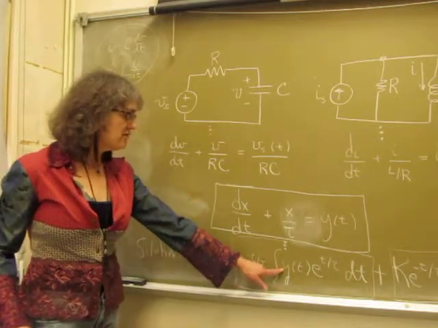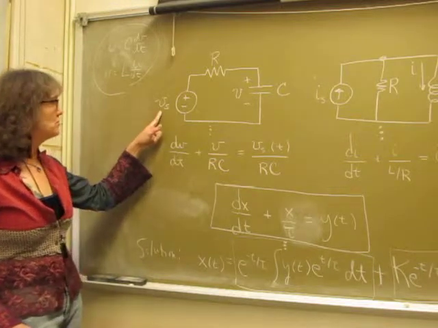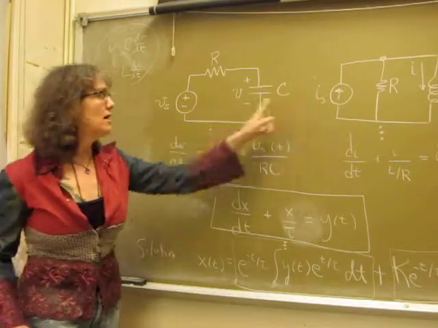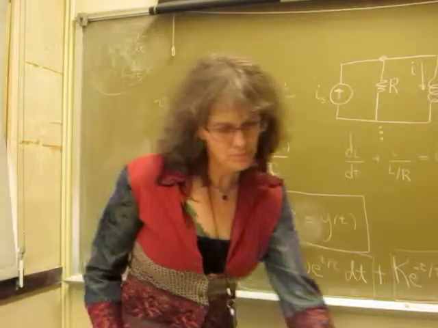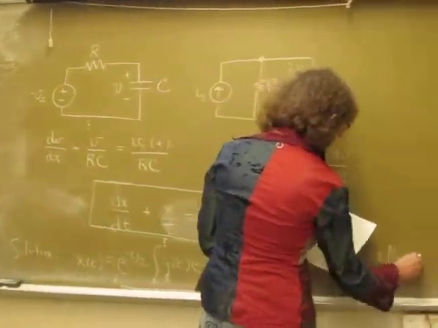For the special case of this being a constant, which is really what we've been dealing with most of the semester, where these are constant sources, the solution becomes much simpler. It just looks like this.